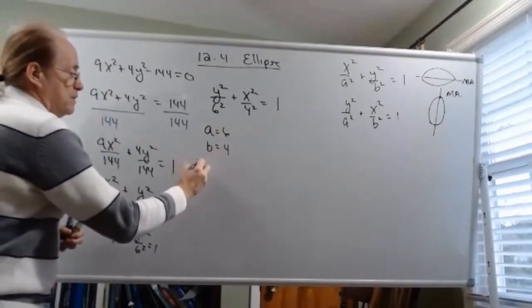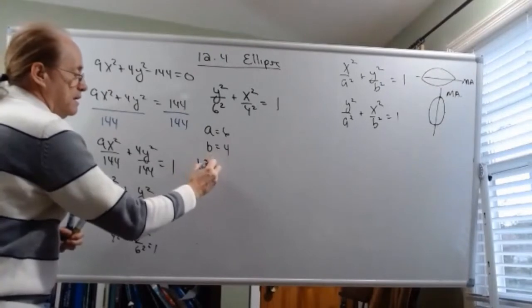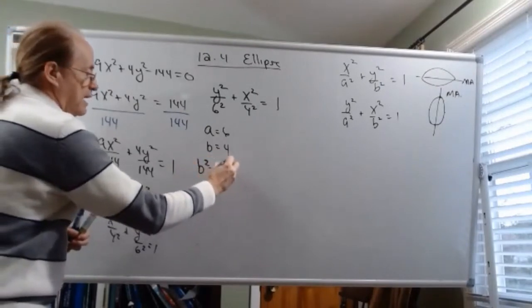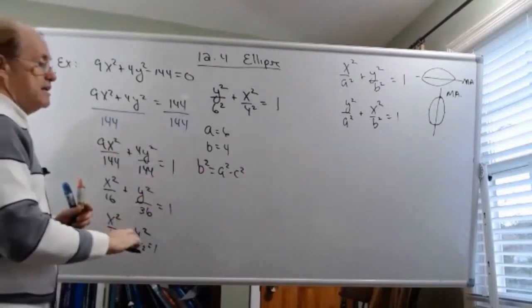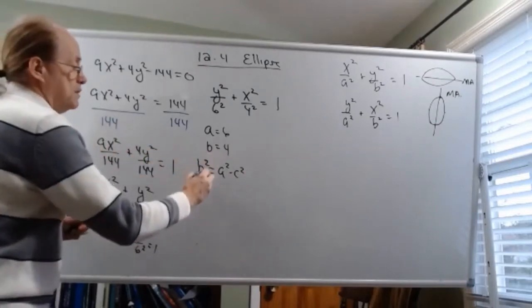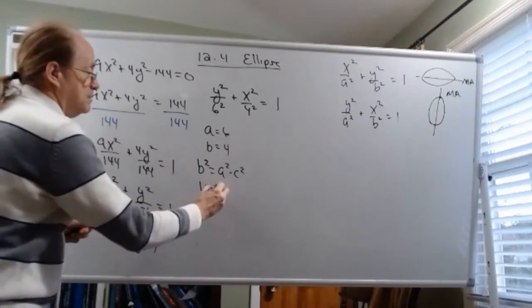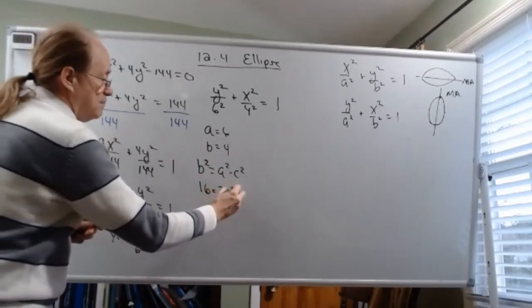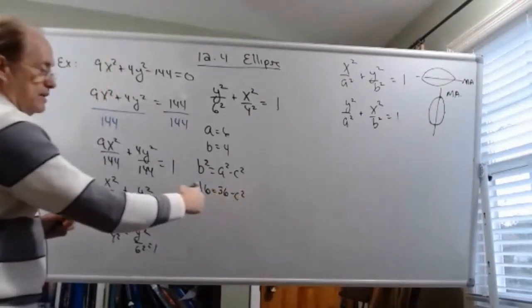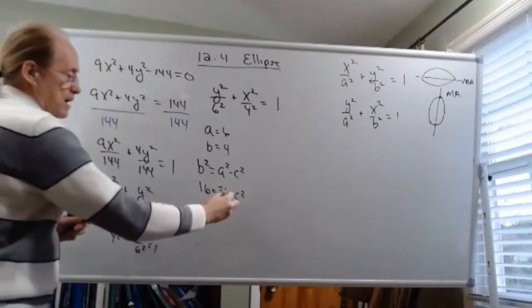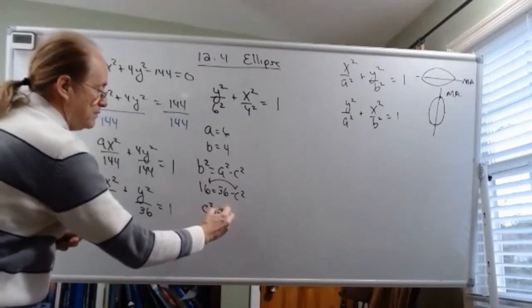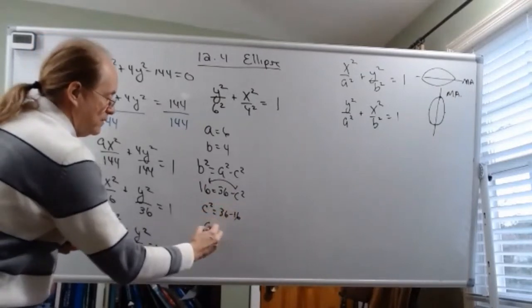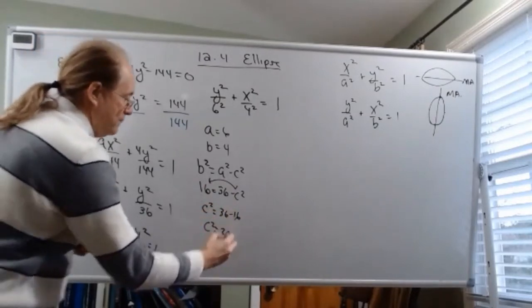Now b squared is equal to a squared minus c squared. It's the same, it just switches to the other axis. And so I have my b squared, 16, is equal to 36 minus c squared. So swapping these two from one side to the other, I get c squared is 36 minus 16, or c squared is equal to 20.